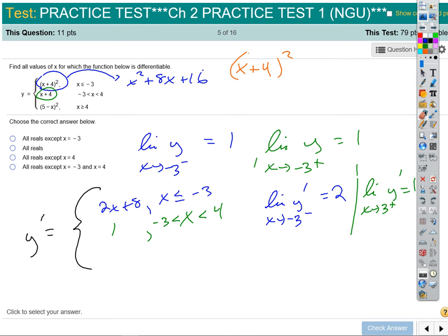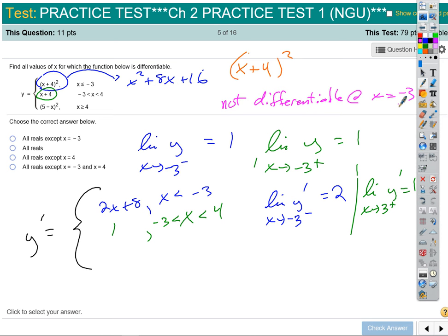It's not defined at -3. So there's one place we can add to our list where it's not differentiable. Let's just keep a tally here. At -3, it's not.